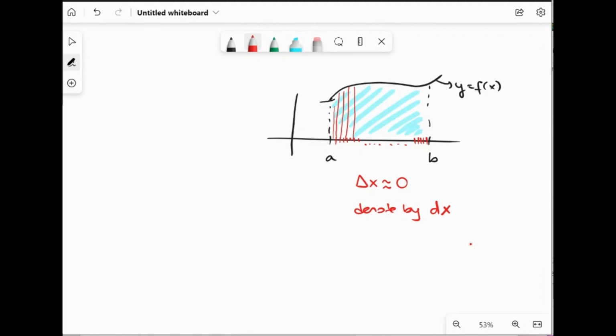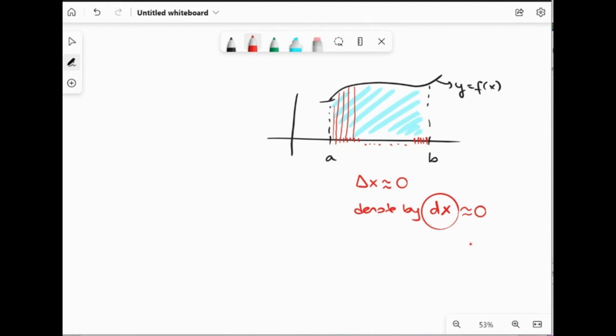So dx means that we divided the interval into very, very thin intervals, so that it's like a line, not a rectangle anymore. It is a very thin rectangle, and the width denoted by dx is approximately 0.